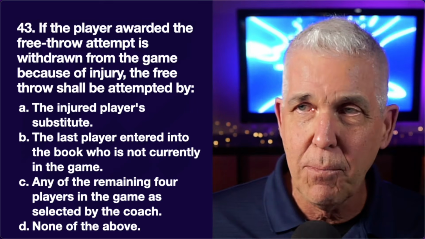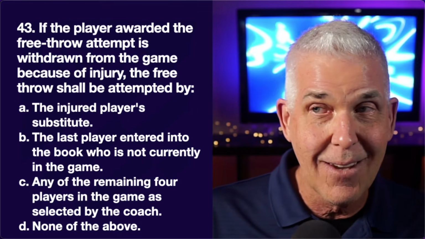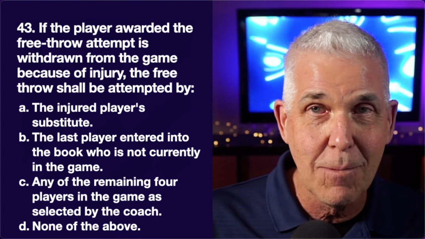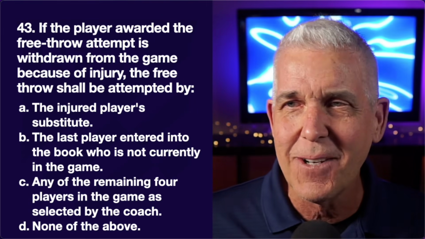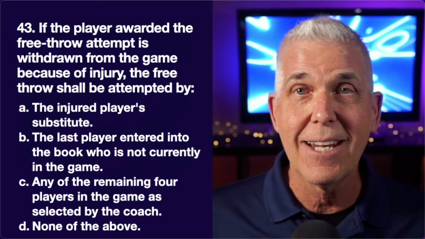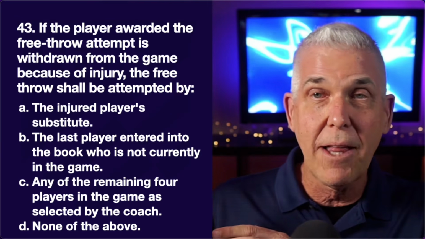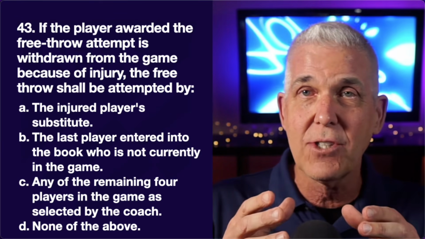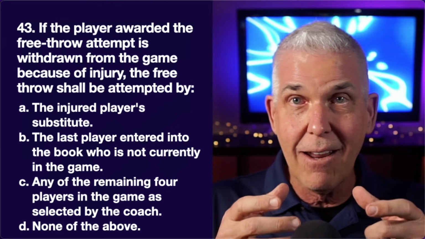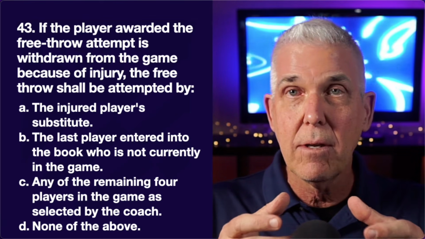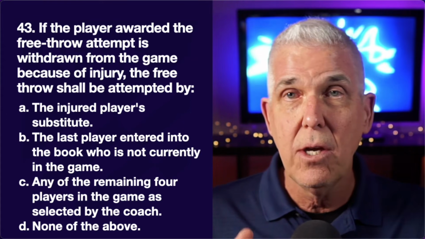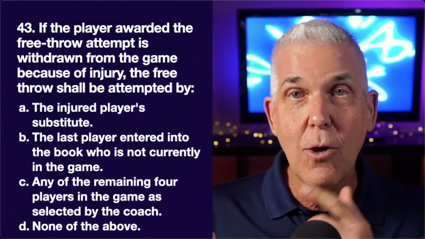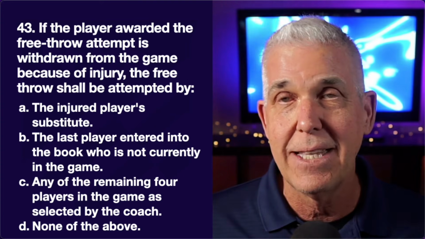It's not the last player in the book. It's not any of the remaining 4 players in the game as selected by the coach. Or could it be? Or D, none of the above. If we had a situation where, due to players fouling out or a limited roster size, a team only had 5 players who were in the game, they had no available substitutes on the bench, and our player was removed, who would shoot the free throws in that situation?